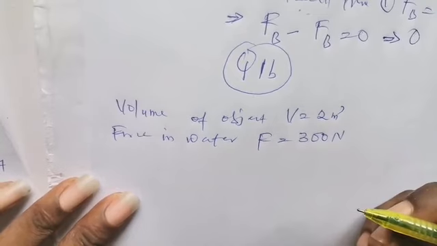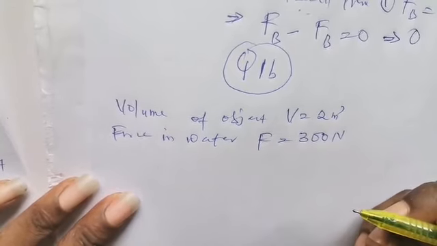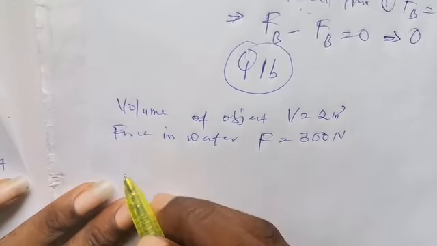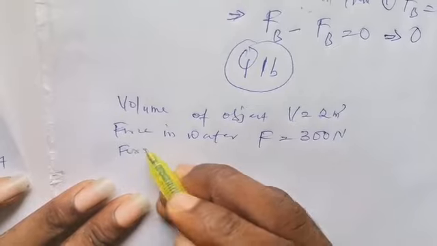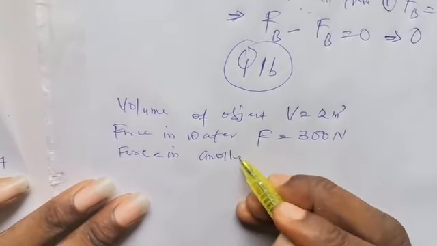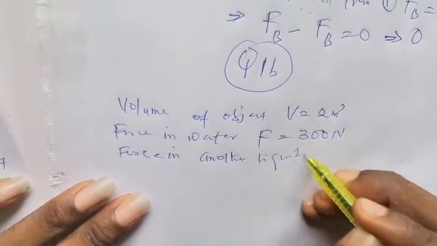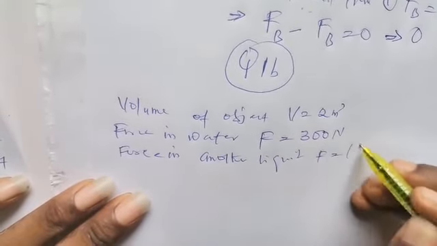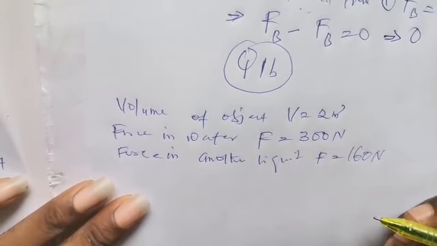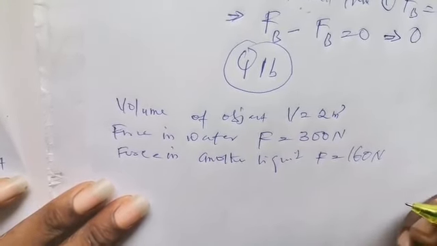And if a force of 160 newtons is required to keep the object immersed in another liquid, the force in another liquid, F, is 160 newtons. The question is saying calculate the relative density of that liquid.